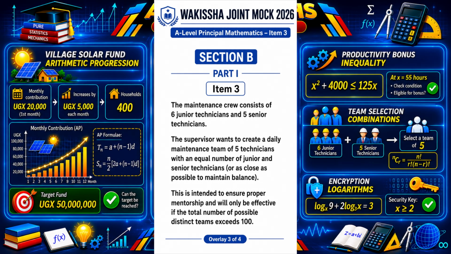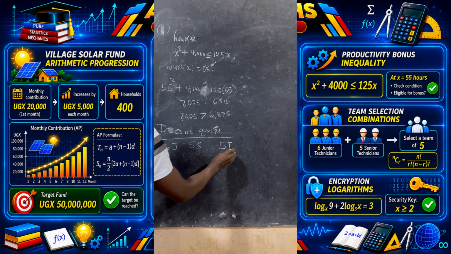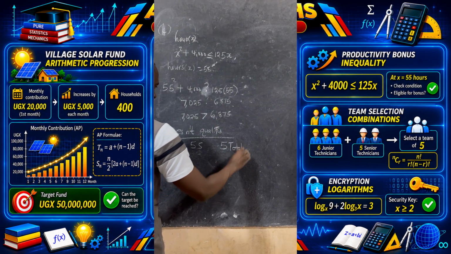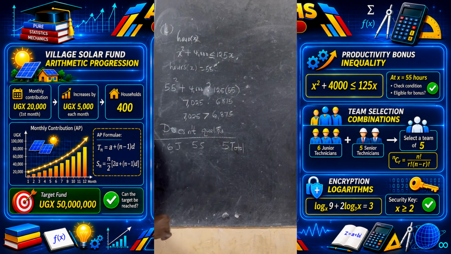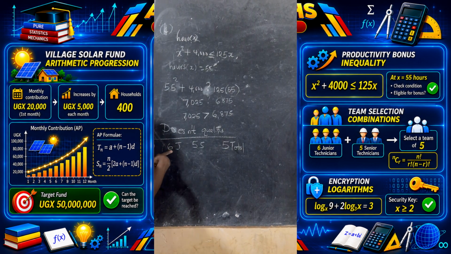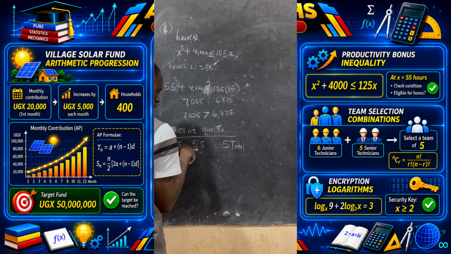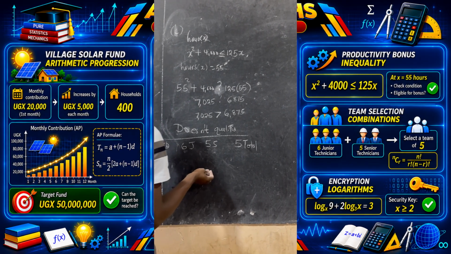They want a team of 5, but they want either equal juniors and seniors, or they have to be close. Since I have 5 as the total number of technicians required, I cannot have 2.5 juniors and 2.5 seniors. So I need to get numbers that are closer.